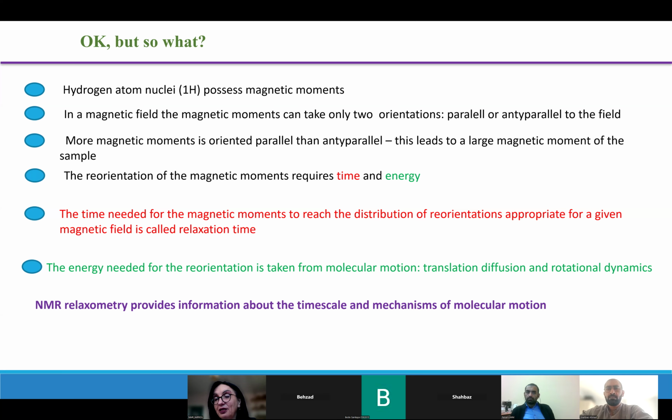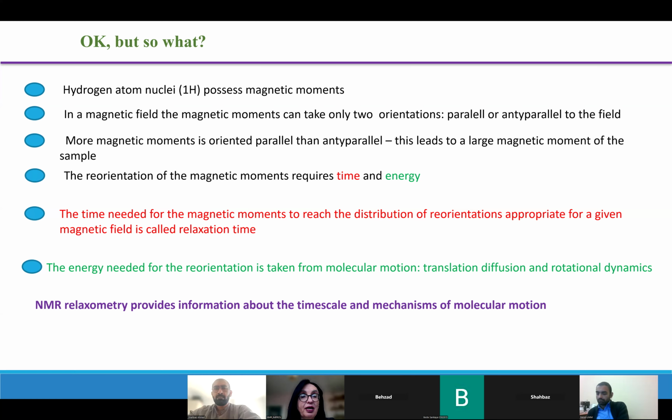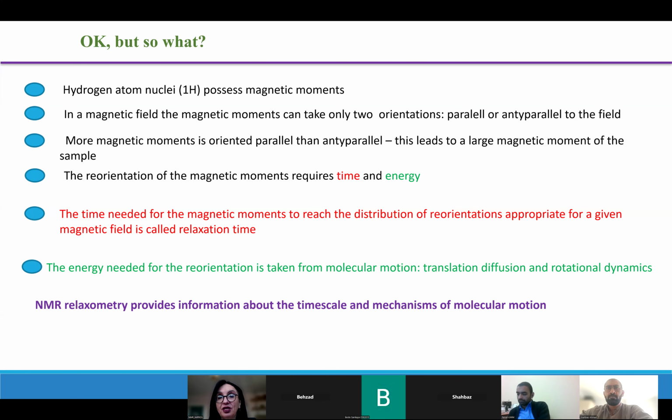From your perspective, this picture is constant. But it is not. So this is when one says something about translation and rotation dynamics.